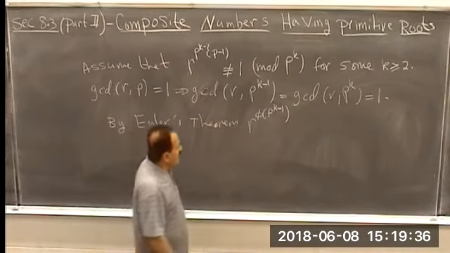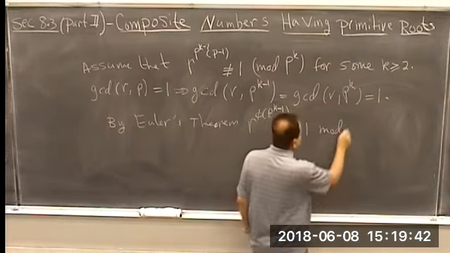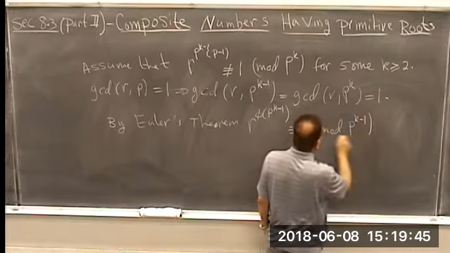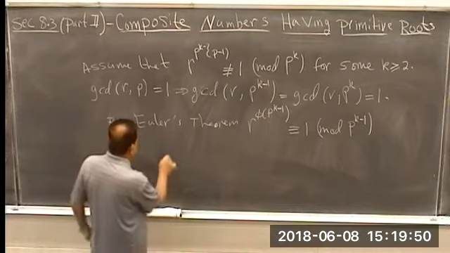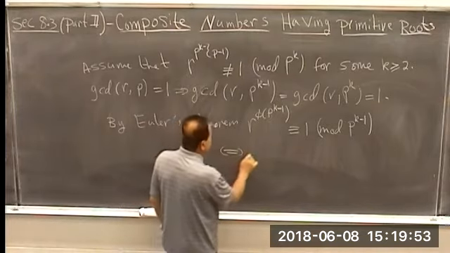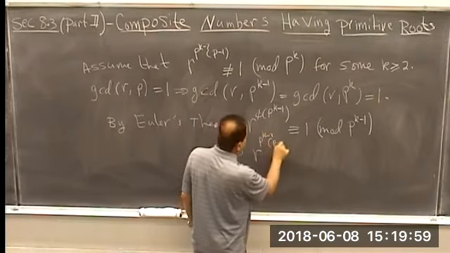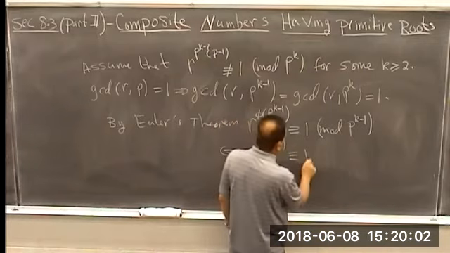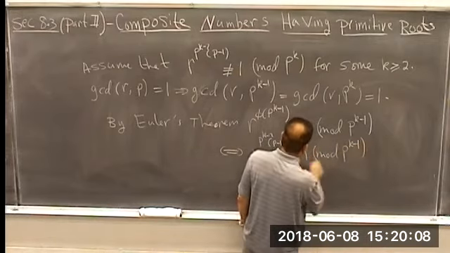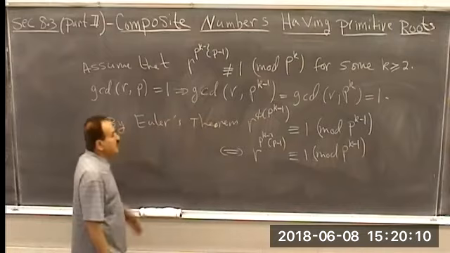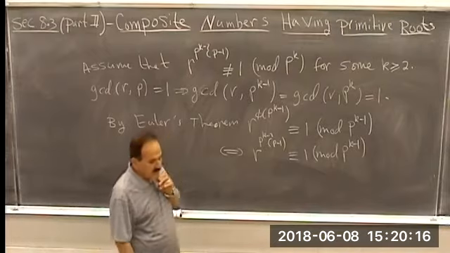This is congruent to 1 mod p to the k minus 1, and of course this is equivalent to r to the p to the k minus 2 times p minus 1 being congruent to 1 mod p to the k minus 1. Remember, we're interested in showing that this is not congruent to 1 mod p to the k. So here it is k minus 1, and the congruence holds.